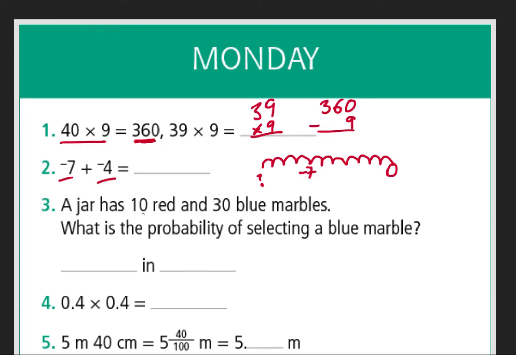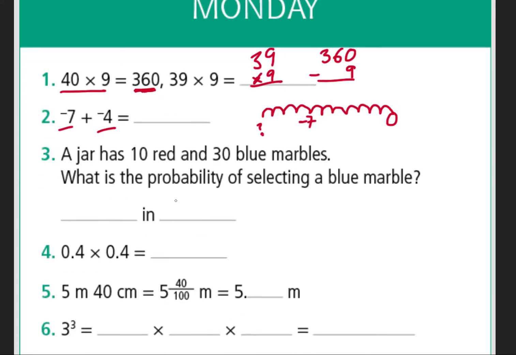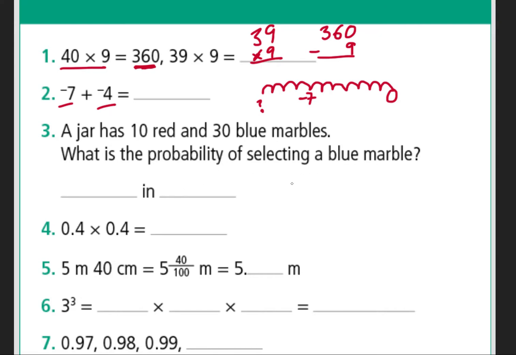Number 3, a jar has 10 red marbles and 30 blue marbles. So 10 red and 30 blue. Okay, so we could divide 10 into both of those to simplify it. 10 goes into 10 once and it goes into 30 3 times. And what is the chance of picking a blue one here?